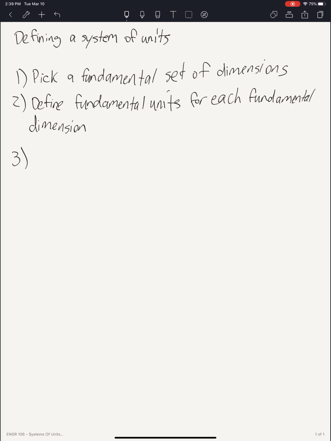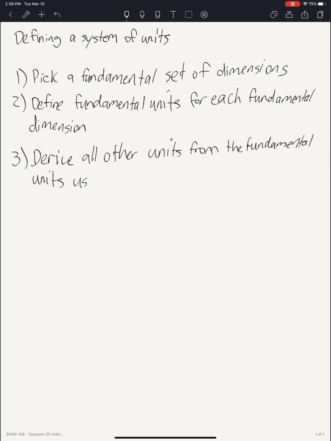Step 3 is derive all other units from the fundamental units using dimensional analysis. I'll just say you have to define all other units in a dimensionally consistent way using nothing other than the fundamental units.